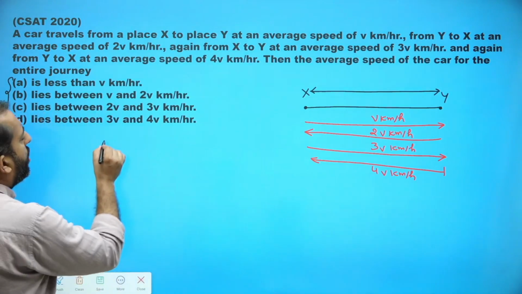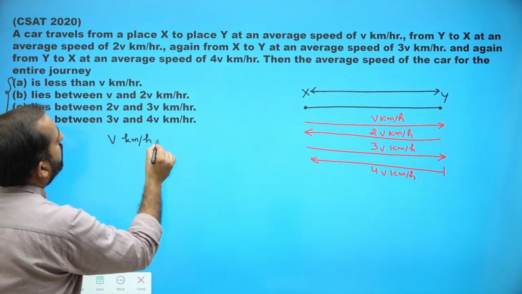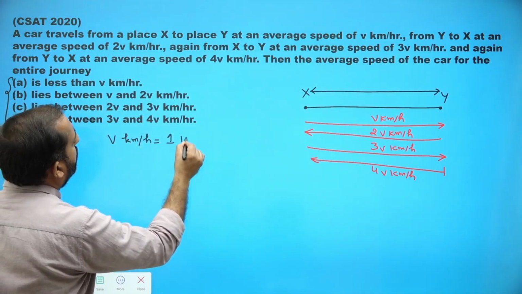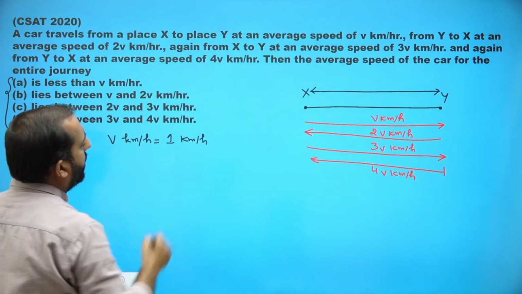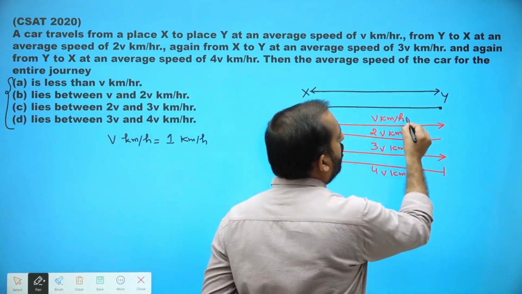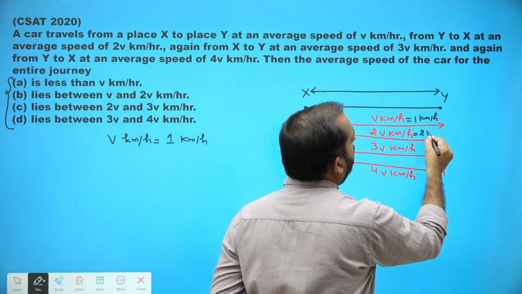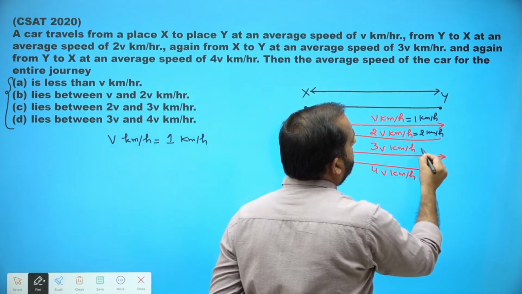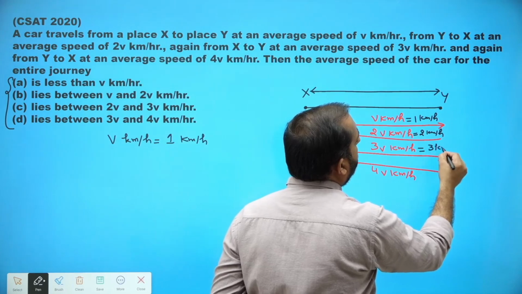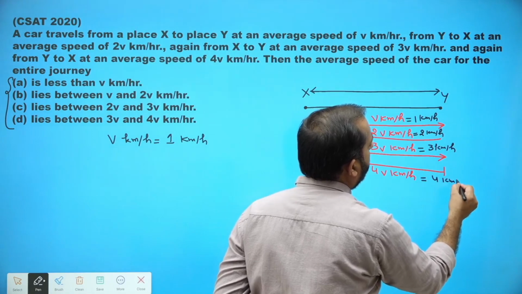So what you can do, assume V is equal to 1 km per hour. Then 2V will become 2 km per hour, 3V will become 3 km per hour, and 4V will become 4 km per hour.